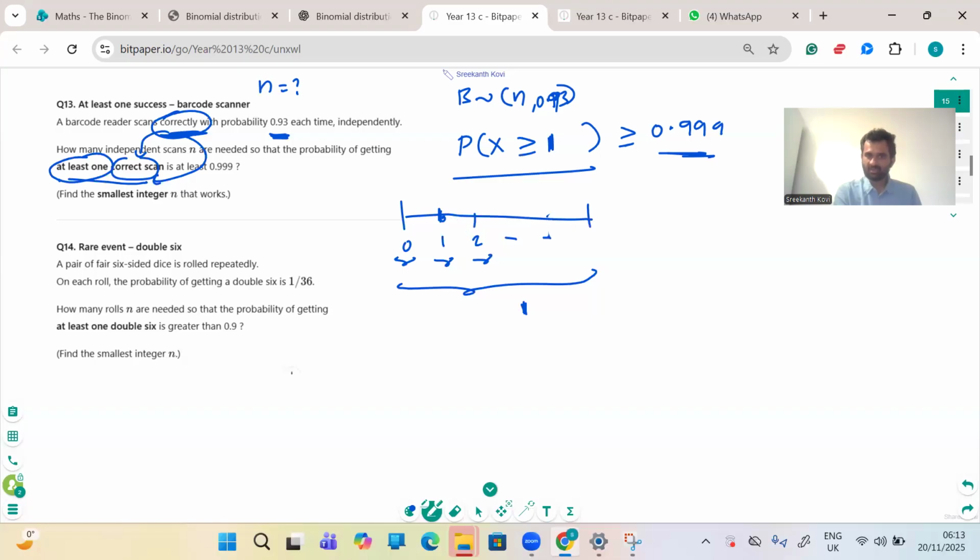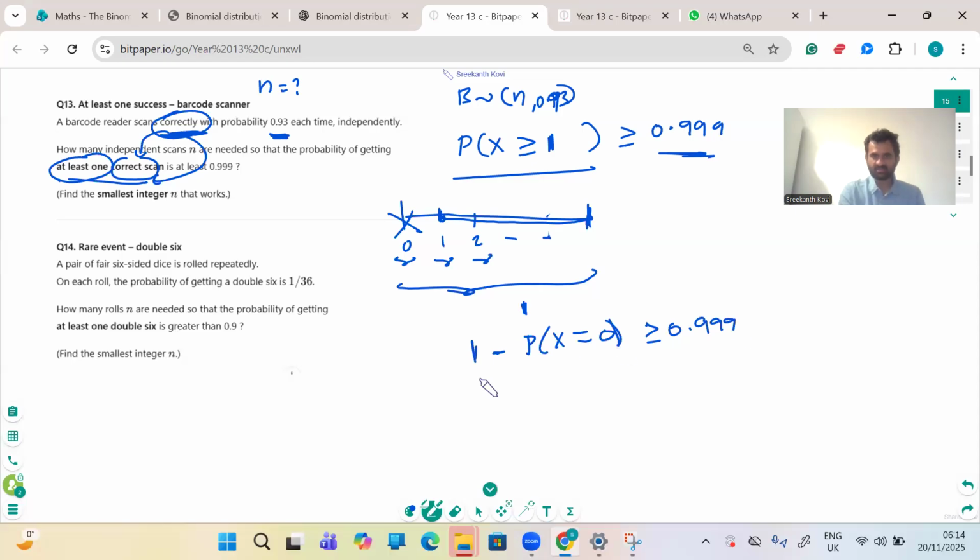You can calculate this directly, or you can subtract the probability of 0 from the total of 1, which automatically gives you the remaining. I need either one or more than one, so I take out 0 from the total. So that is greater than or equal to 0.999.